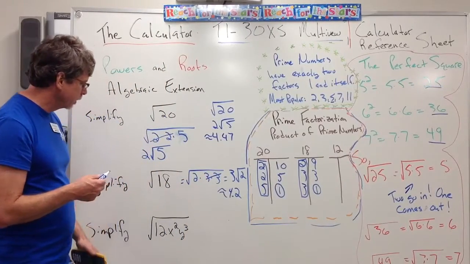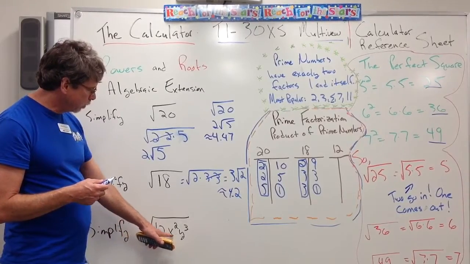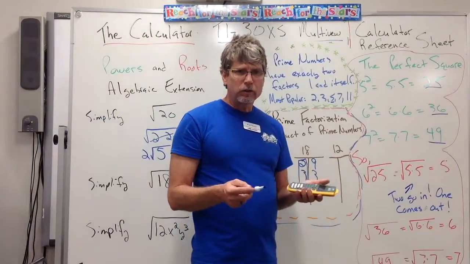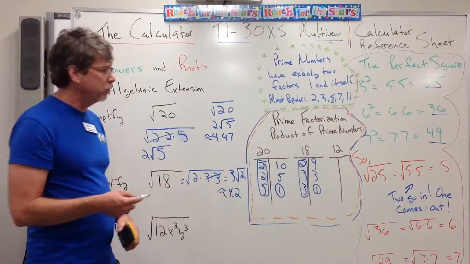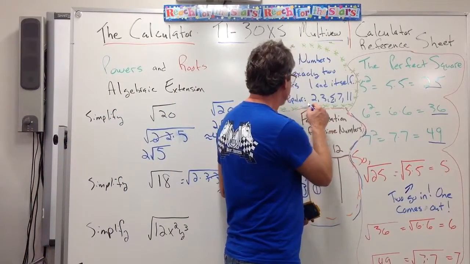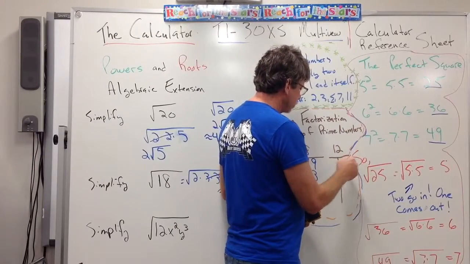So we'll do that. Now to do the square root of 12 x squared y to the third, the 12, we can still do a prime factorization on this. Variable stuff, we treat that a little bit differently. So 12, I know, again, my favorite prime numbers are 2, 3, 5, 7, 11. They're the most popular. They usually work all the time.